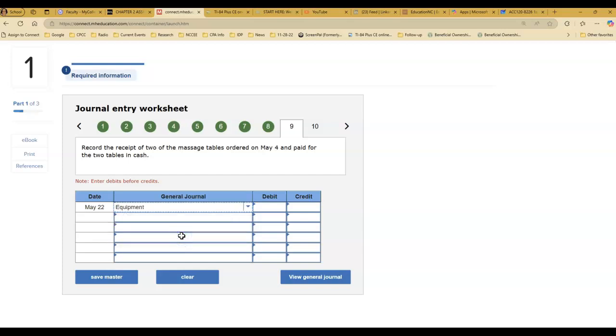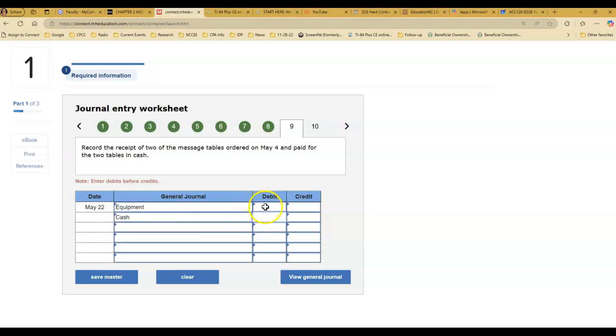Okay. Again, I'm always sitting there and I'm thinking, I don't really like the way this works because, again, this is not real world. Think more along the lines of they brought 2 massage tables, dropped them off, and said, I'm going to need a check before I leave. That's what's really happening here. Okay? That wouldn't be real world.